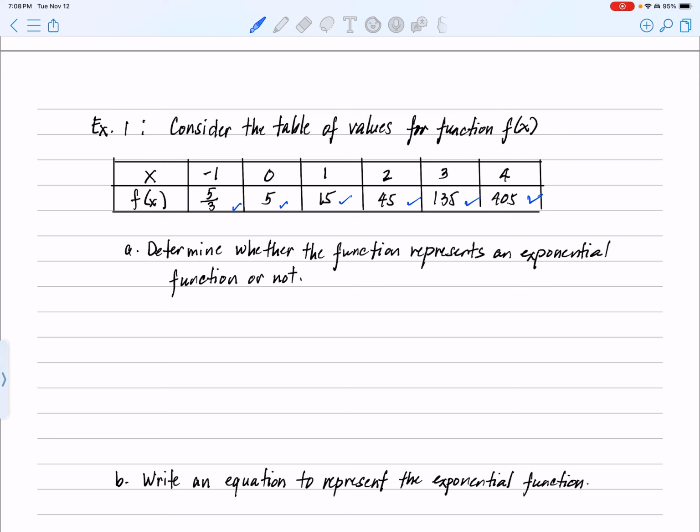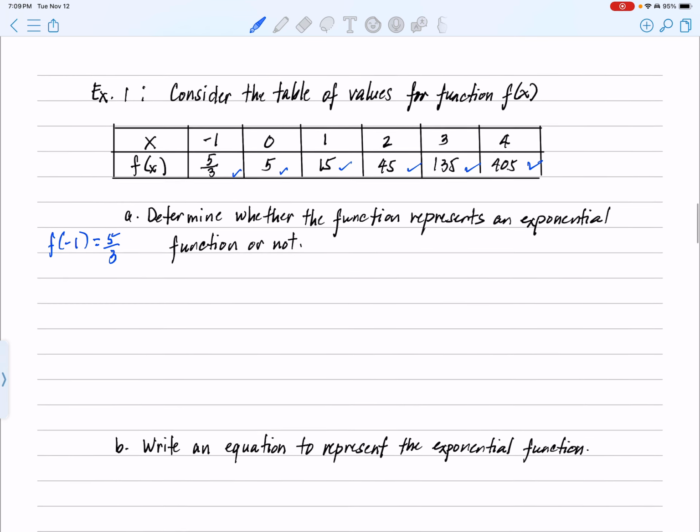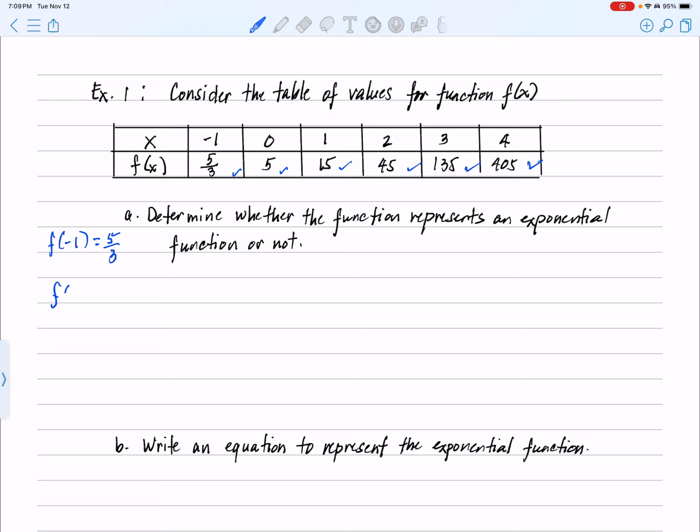So f of -1 is 5/3, and then f of 0 is 5. If we want to calculate the common ratio, we're going to take that from 5/3 to 5.